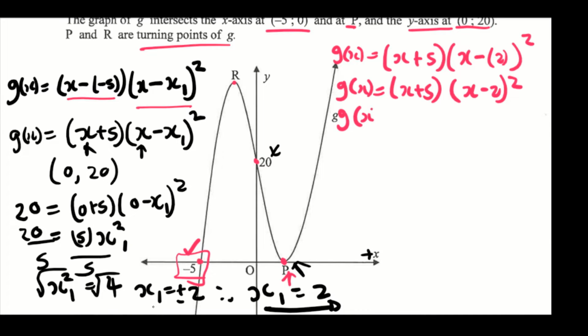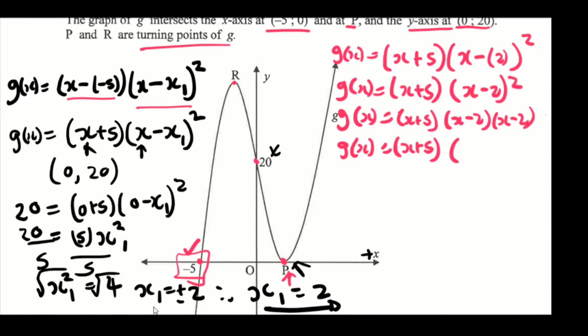Then we're going to find the product because we want the standard form of this function. So g of x equals x plus 5 times x minus 2 times x minus 2. Then you find the product of the squared part, and we'll get x squared minus 4x plus 4, right?